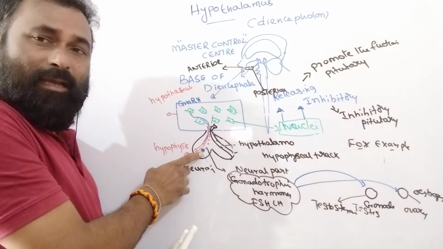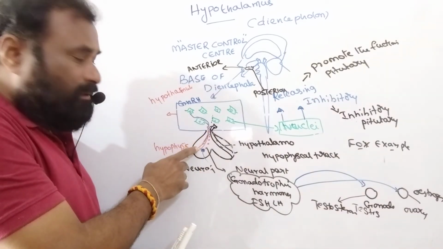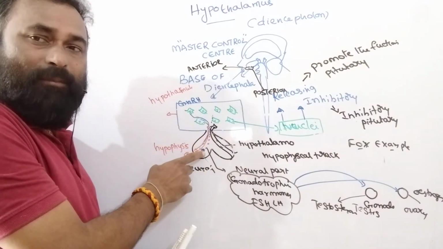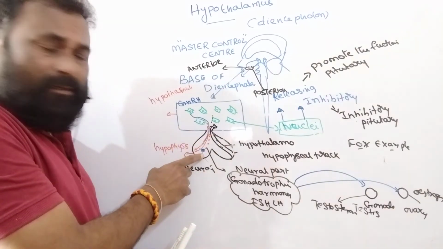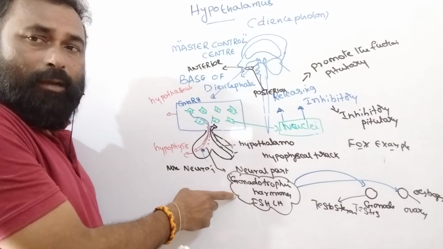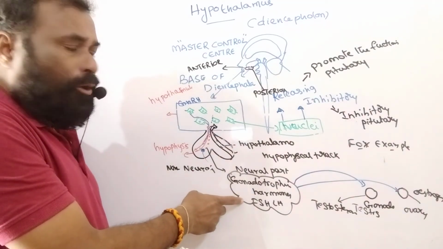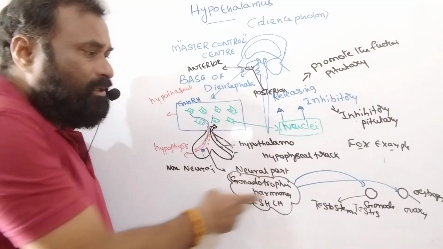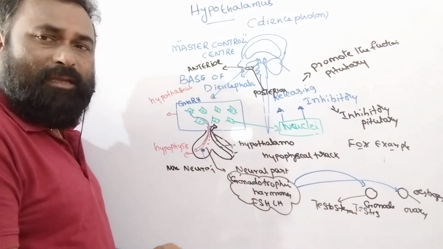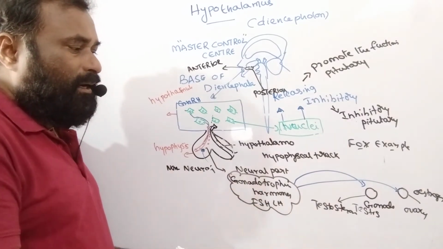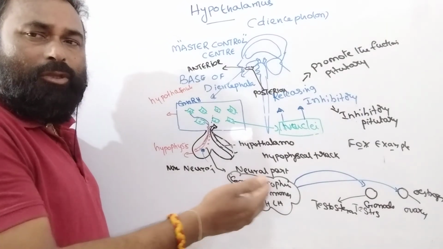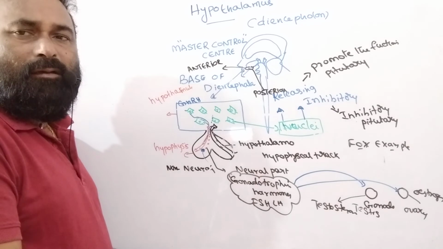Step 2, it travels through the portal system and activates a specific site on the adenohypophysis, which liberates gonadotropin hormones. Step 3, gonadotropin hormones like FSH and LH work over the testis in male and ovary in female, and testosterone, estrogen, and progesterone are liberated respectively.